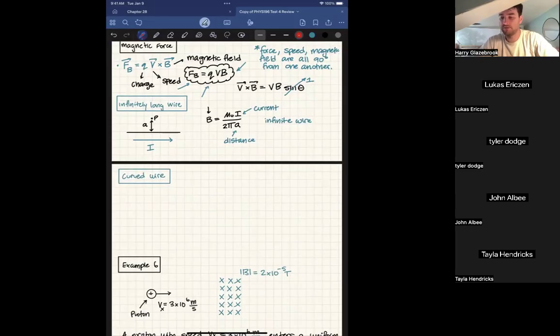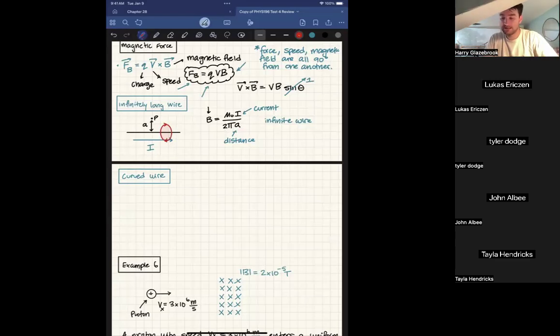Just to finish out, if I wanted to find the direction, all I would do is put my thumb along the direction of the current and then wrap my fingers around. If I were to do that, it looks like the magnetic field is going in a circle around this wire, and it's going this way.